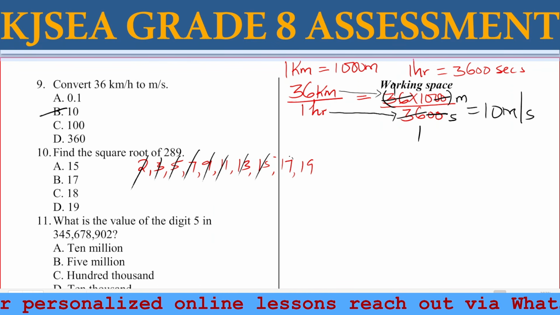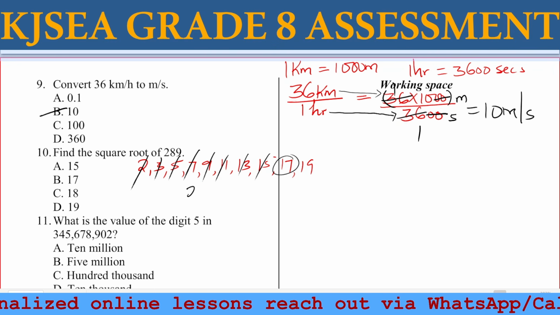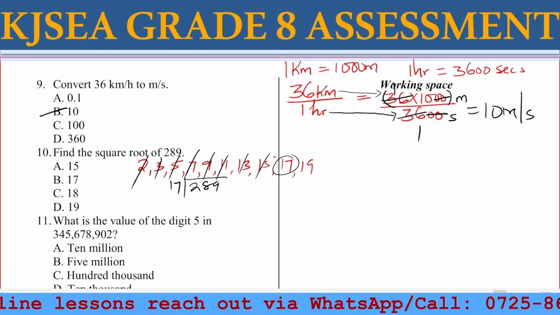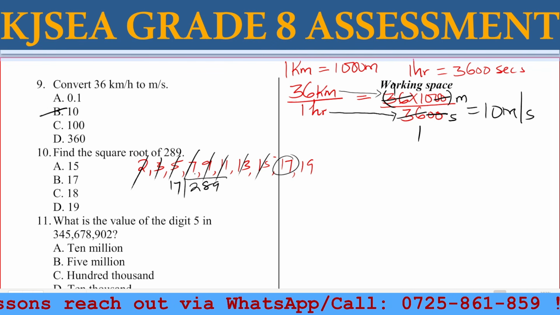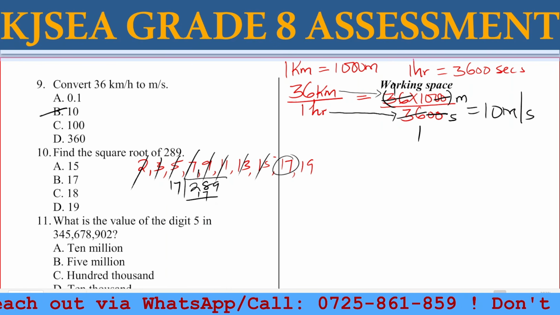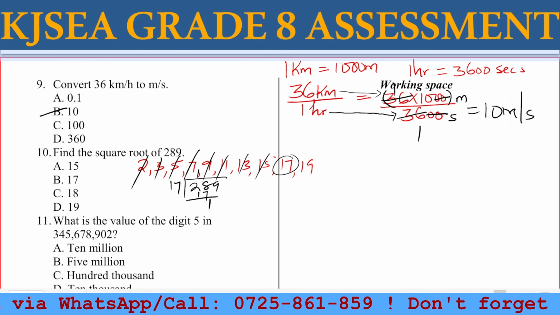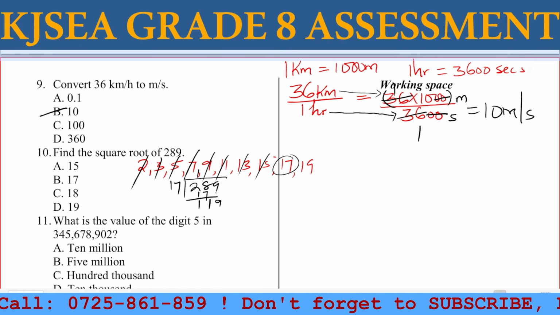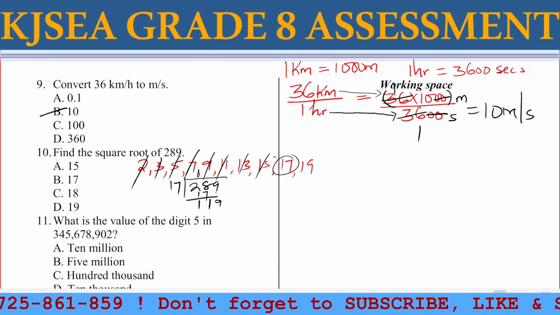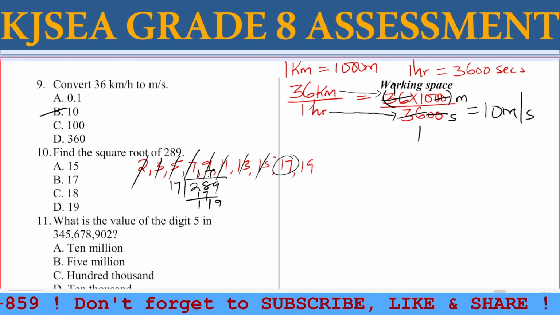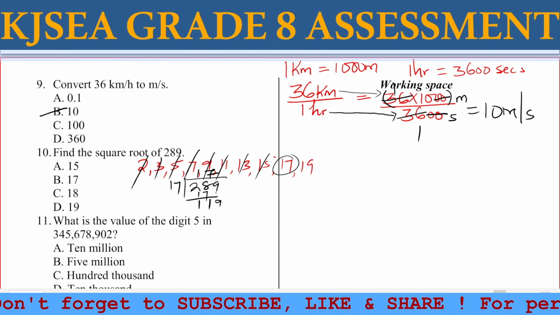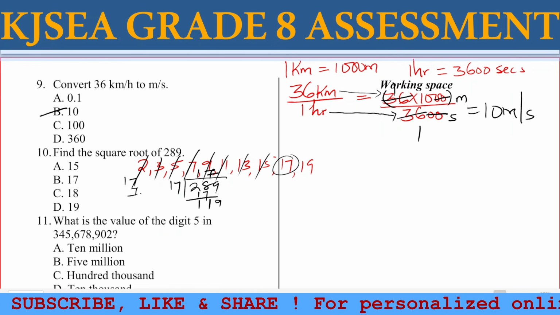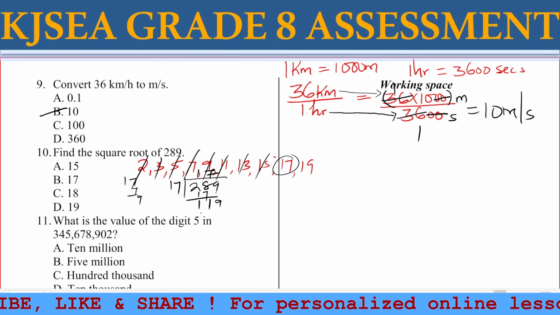But when you look at 17, if you divide this number 289 by 17, you'll notice this is what you're going to get. So this is 1, this is 17, and then you have 119. 119 will go 7 times again, so 7 times 17 is 119.